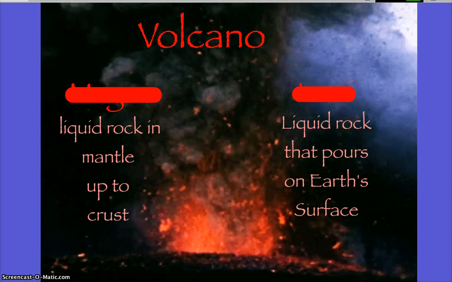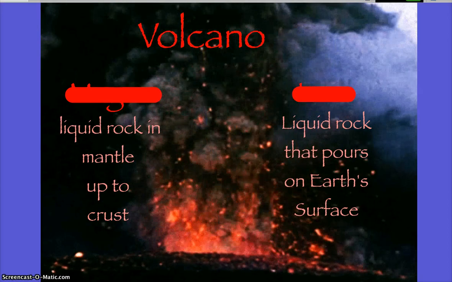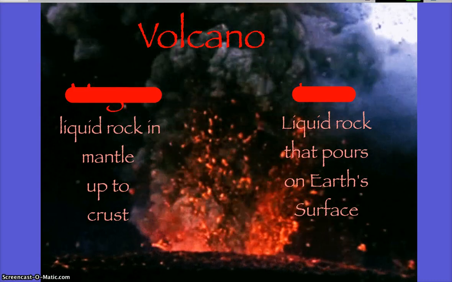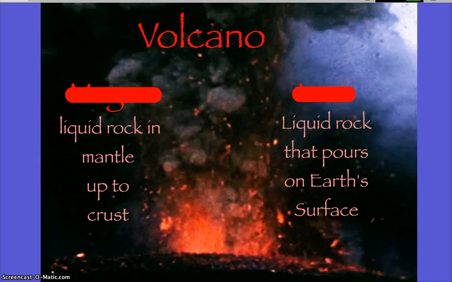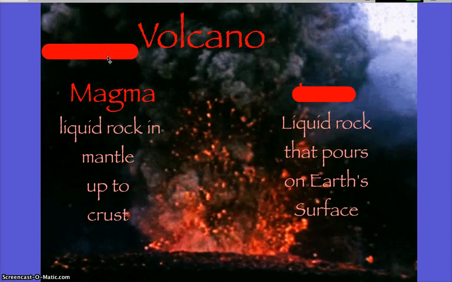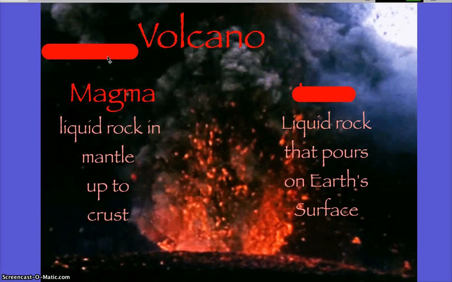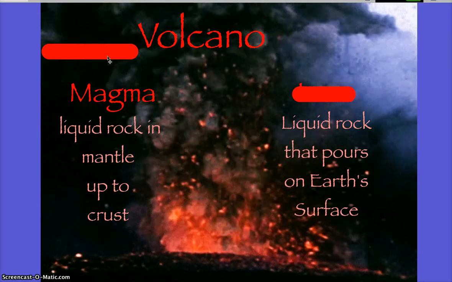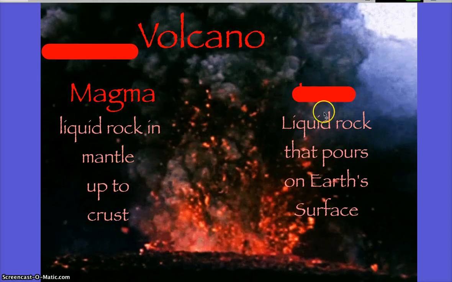Volcanoes are a direct result of shifting of plates, so the magma can spread across or pour out of land. The magma starts where? In the mantle, flows through the asthenosphere, and once it reaches land, so it pours out of the crust and hits land, it's called lava.